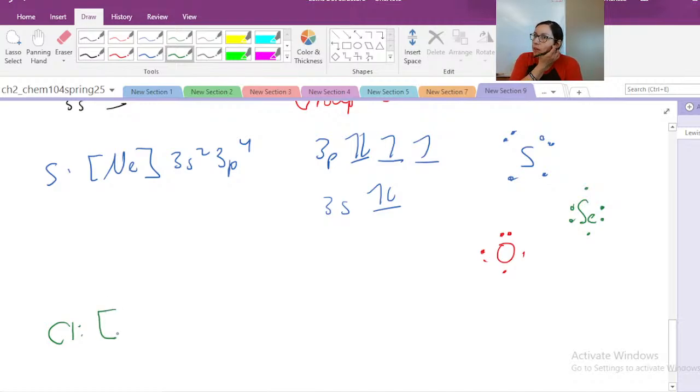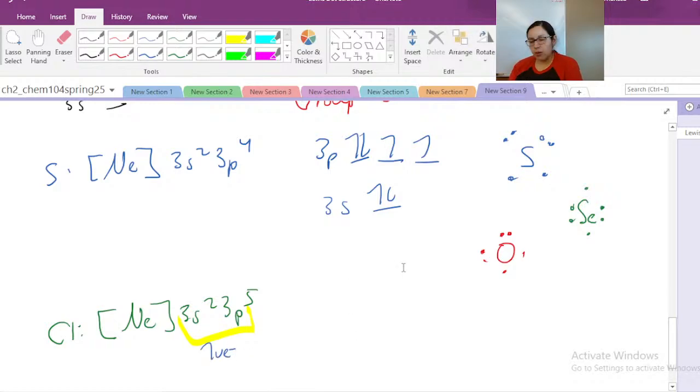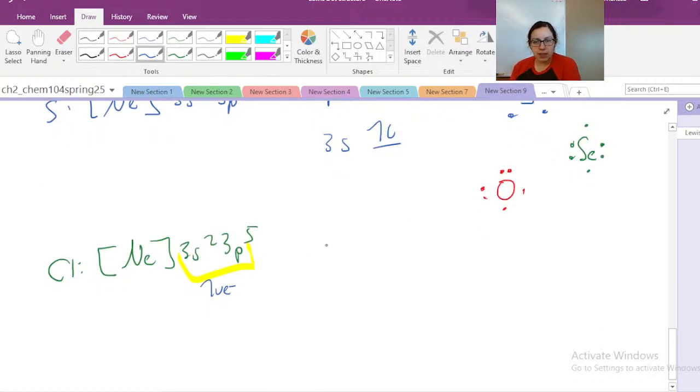So chlorine, so 3s2, 3p5. Okay, now we have 7 valence electrons, getting pretty close to our octet. So 1, 2, 3, 4, 5.